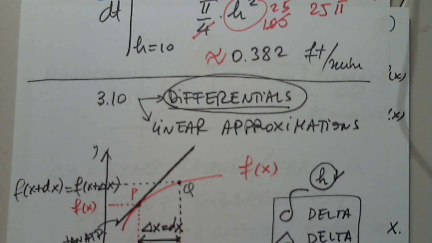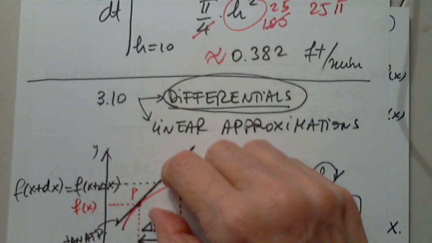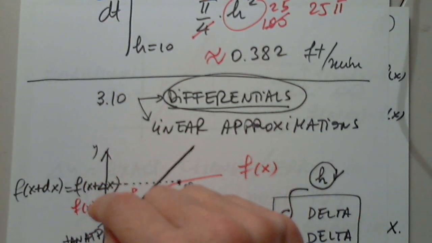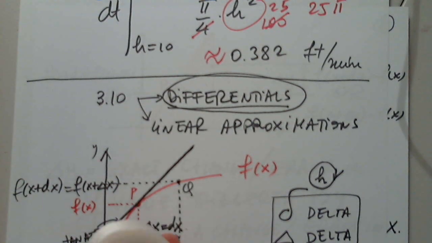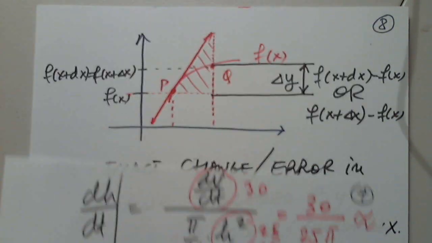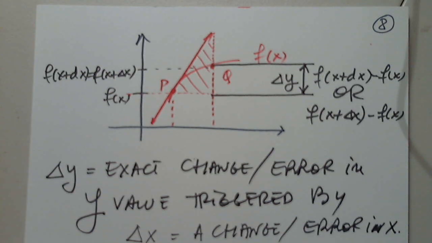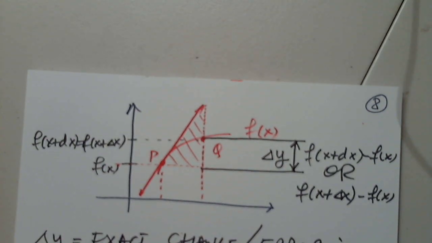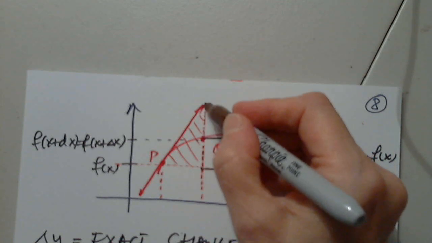So if I have an error in the radius, it will trigger an error in the area of the washer or disk or whatever I have. So the exact change or error in x will trigger a delta y, an exact change or error in the y value. Awesome. Finally, almost there. Now, let's look at this triangle.